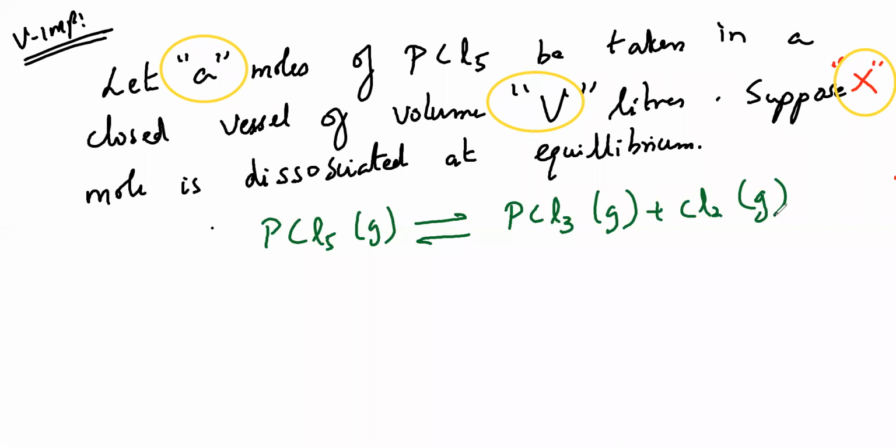Okay. So what I'm going to write now is very important and should be applied to all the problems. You should write the same thing. This is syntax, or this is the algorithm, whatever it is. I'll write down three things: initial concentration, concentration at equilibrium, then active mass.